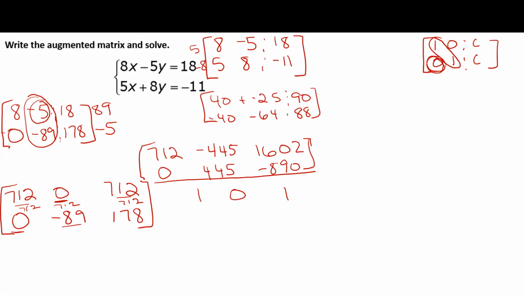And if I divide everything on the bottom by negative 89, I end up getting 0, 1, and 178 divided by 89 is going to be 2, and I think that's going to be a negative 2, so let's just check.